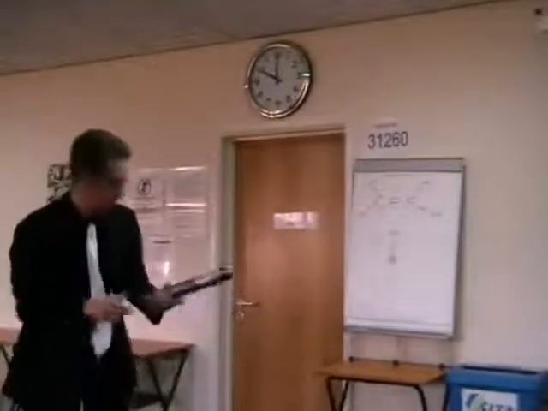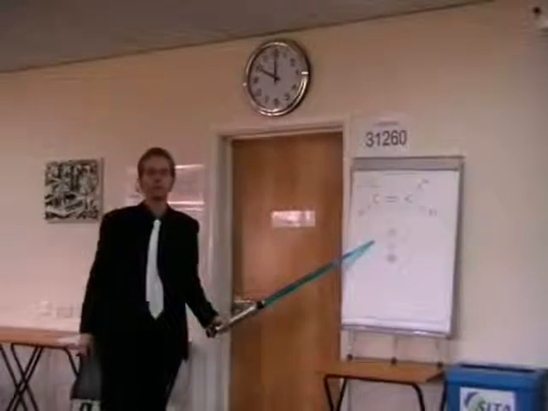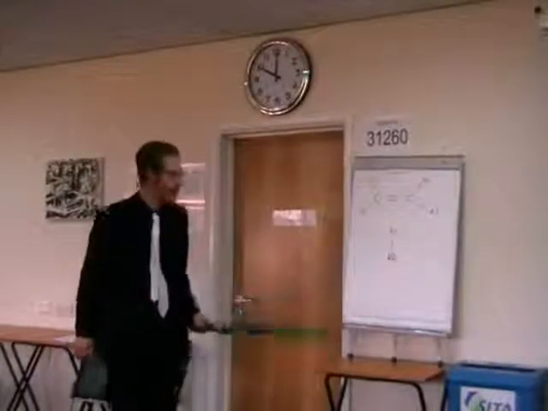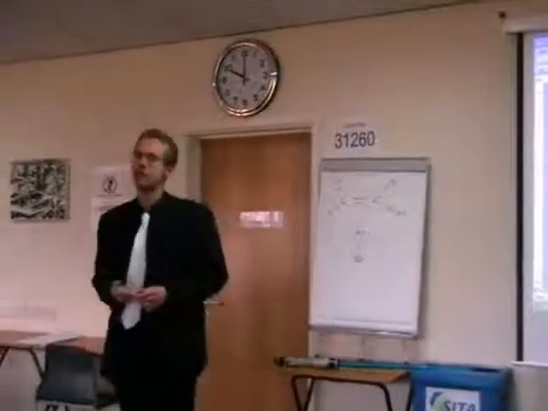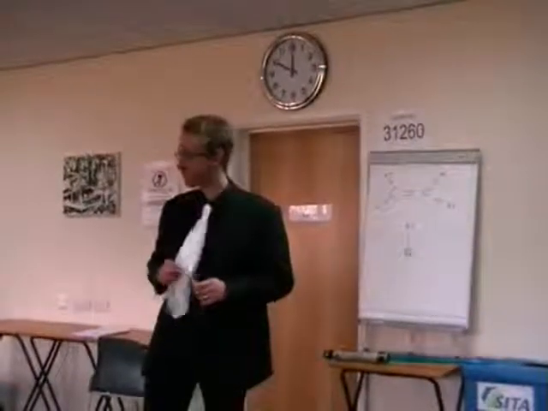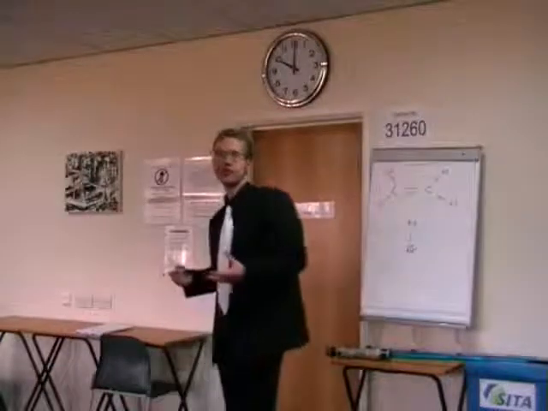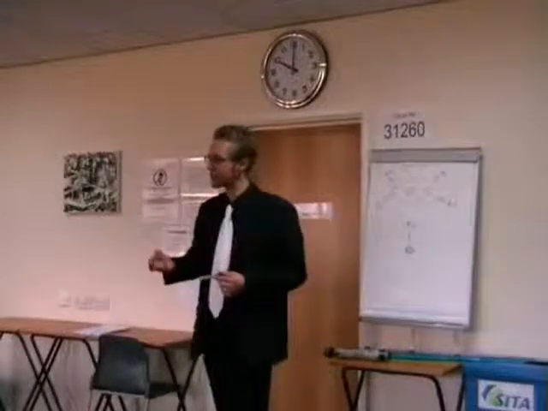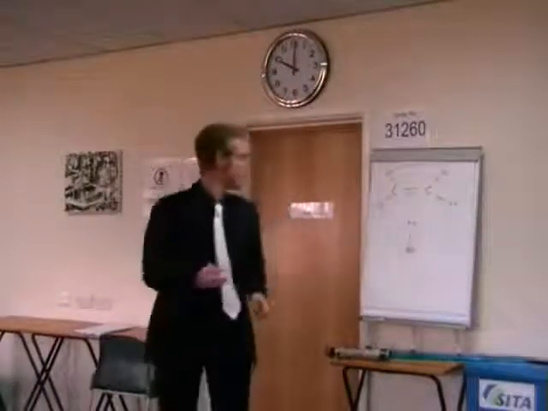Which of these two elements is more electronegative? Bromine. If the bromine is more electronegative, what does that mean? The definition of electronegativity is the ability of an atom to draw electron density to itself from a covalent bond.